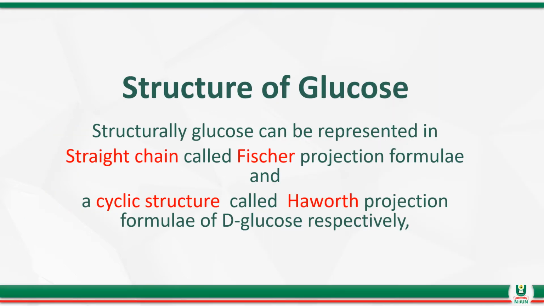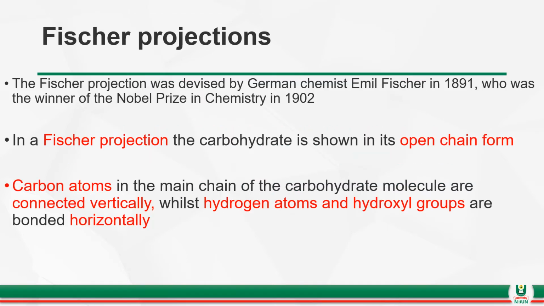So the structure of glucose. Glucose can be represented either as a straight chain or a cyclic structure. That straight chain is what we call the Fischer projection, and the cyclic structure is what we call the Haworth projection. Both of them are still glucose.